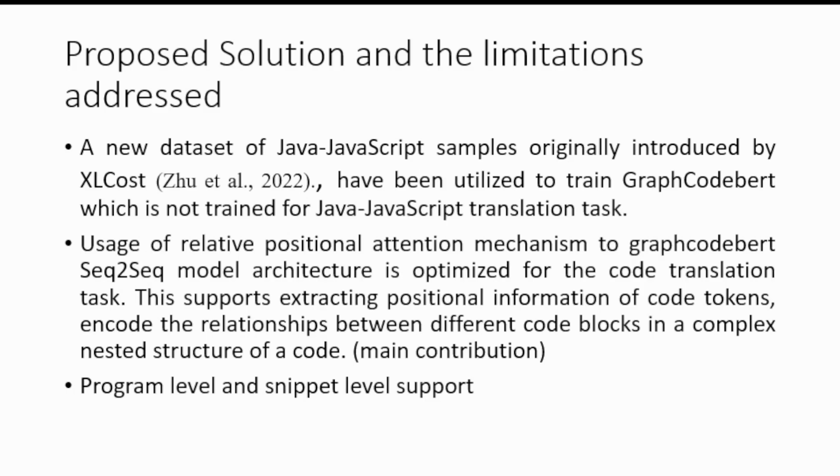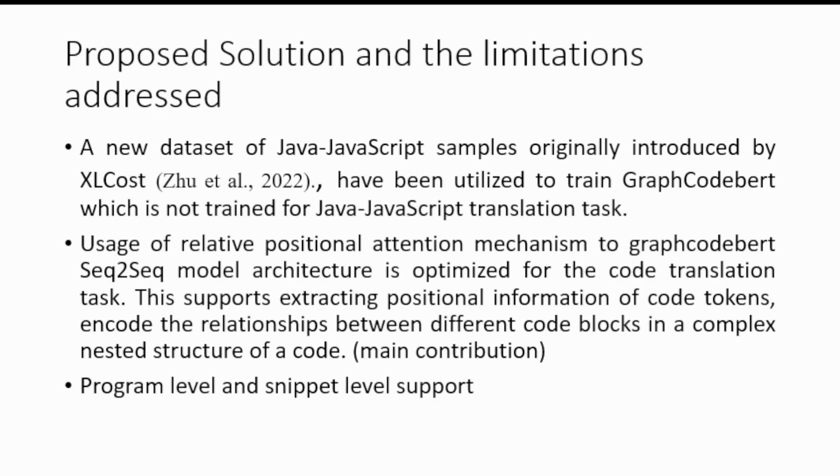With the usage of the relative positional attention mechanism in GraphCodeBERT, the seq-to-seq model architecture is optimized for the code translation task. This supports extracting positional information of code tokens, encoding the relationships between different code blocks in a complex nested structure of code.